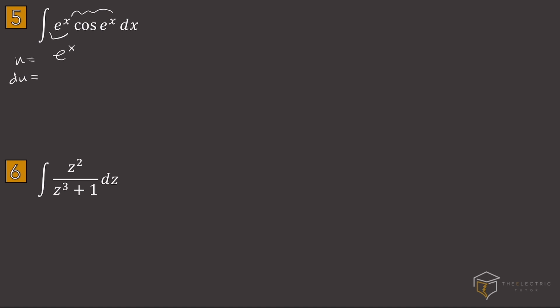because notice that, first of all, it's easier to take a derivative of e^x rather than cosine of e^x, okay? The second thing is du is e^x dx, and once we have u and du, we can see that e^x dx, this whole thing, is just du, and then cosine of e^x can turn into cosine of u.